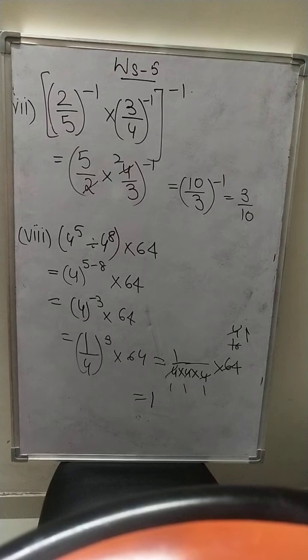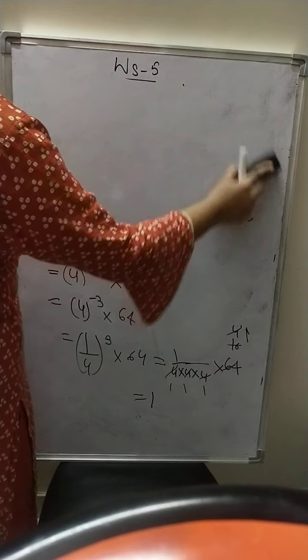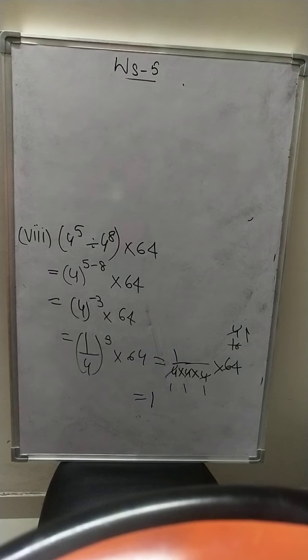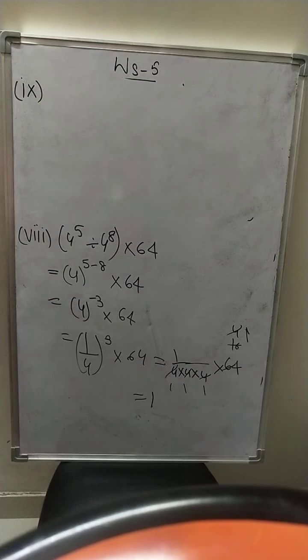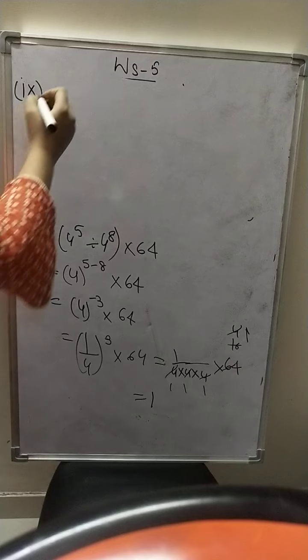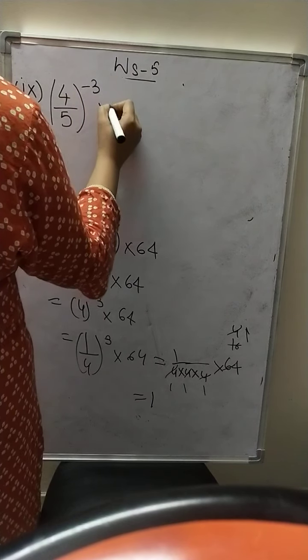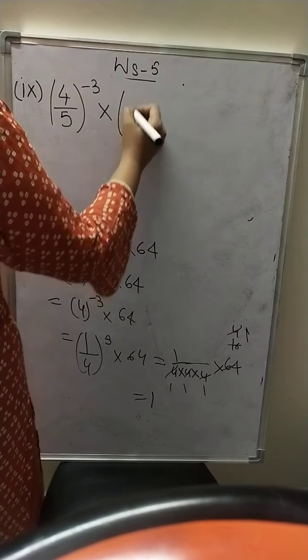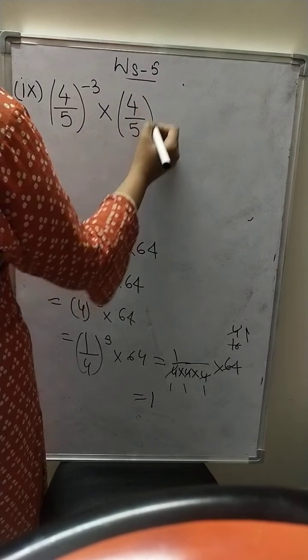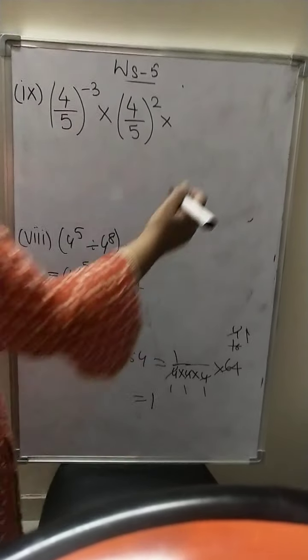Okay, 9th part and after that we'll do the 10th part. So first of all doing the 9th part now. So students, the 9th part is (4/5) raised to the power minus 3, right, into (4/5) raised to the power 2 into (4/5) raised to the power 3.